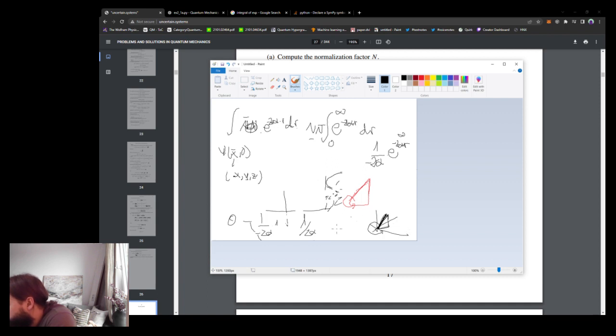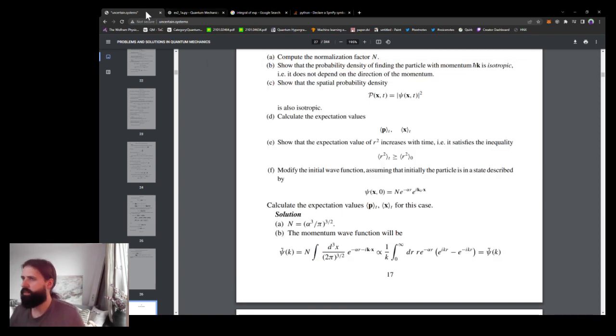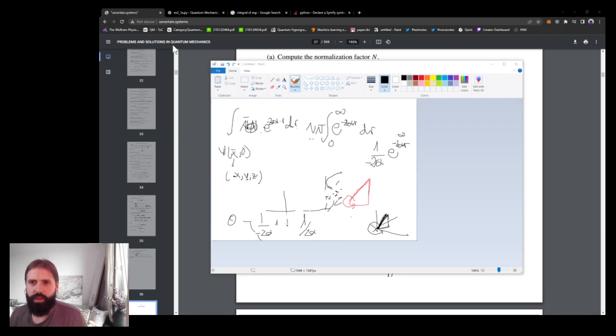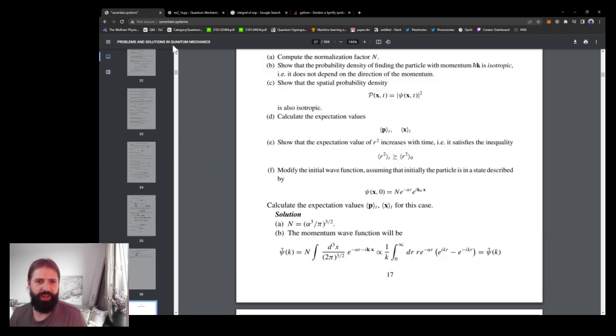Or you just say, well, that is the derivative with respect to R. I think that is the closest I've ever gotten to the solution.